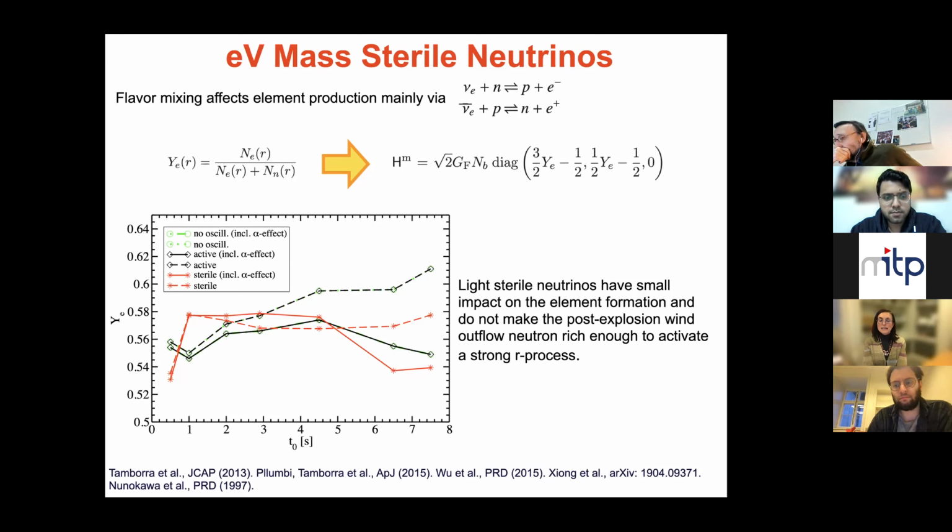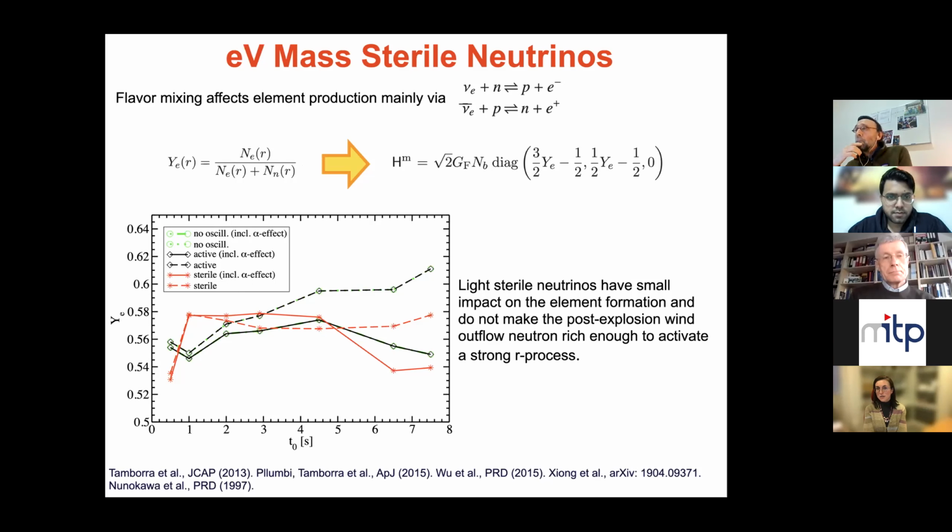So in this specific case, these are the most self-consistent estimations, and the assumption is that there is really no hope through sterile neutrinos to make the environment neutron rich. However, there is the possibility that, like in this case, we are only considering simulations that do not include MHD effects.